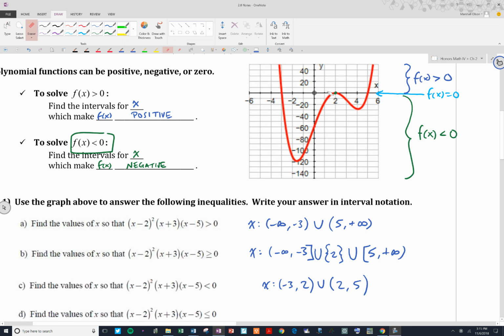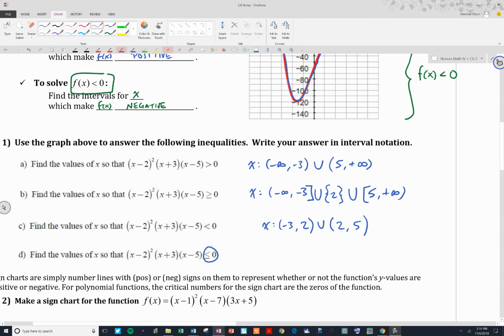That would be really anywhere on this function from -3 until 5. That whole time, it fits that description. It is less than or equal to 0. So we can include that -3 and the 5. We don't need to break that thing apart at the 2 like we did here, because the continuous interval would be a solution to that question.